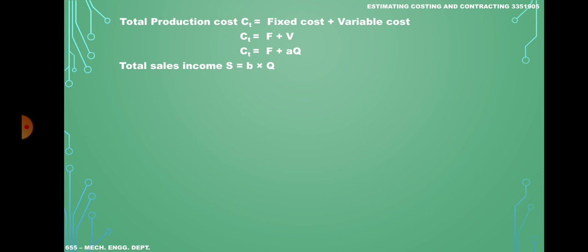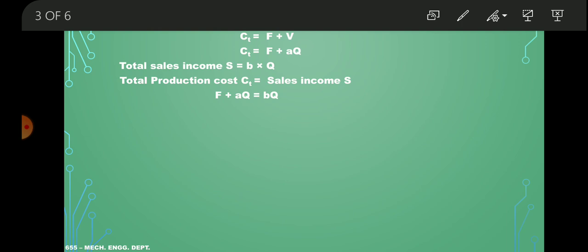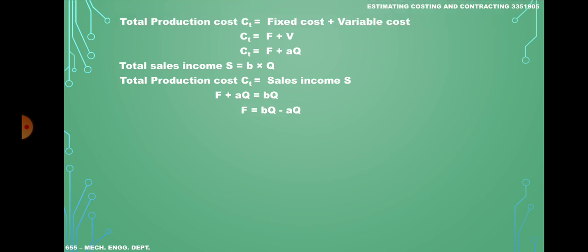Next, what is the condition at the break-even point? At the break-even point, the company neither goes into profit nor into loss. So total production cost equals total sales income. What is the equation of total production cost? F plus AQ, and total sales income equals BQ. Now move the total variable cost toward the right side.